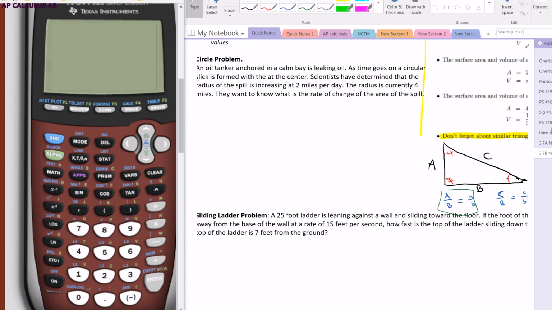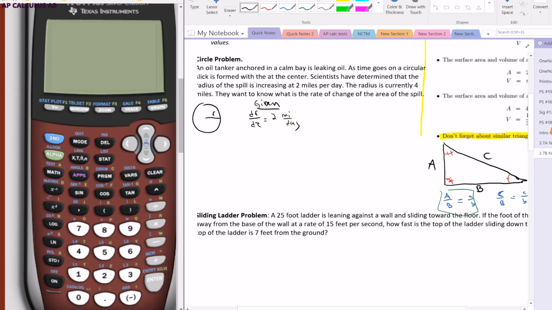We're talking about a circle, right? As time goes on, a circle of oil is developing. That circle has a radius r. Scientists have discovered that the radius of the spill is increasing at 2 miles per day. So dr dt equals 2 miles per day.